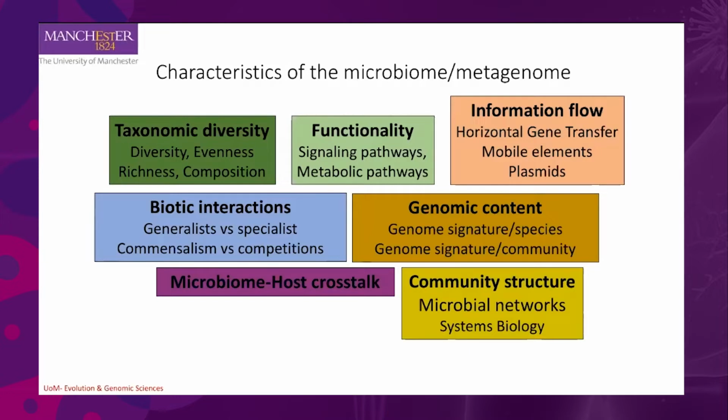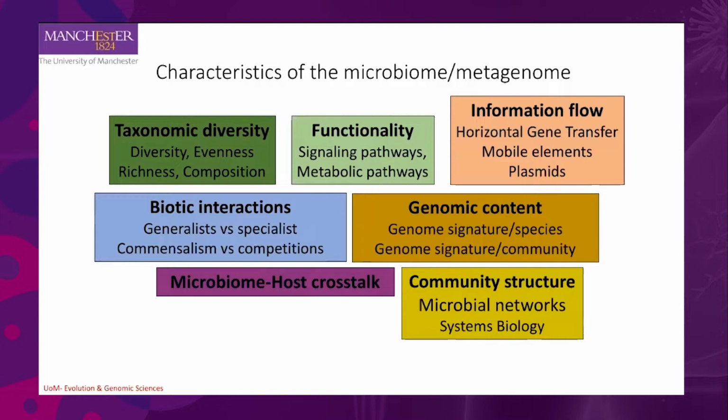We can characterize ecological interactions, for example, the generalist versus specialist species, like the ones we study with Nina regarding the bacteriophages, or in general, ecological interactions between microbes. For example, they can be commensals, or they can be competitors.